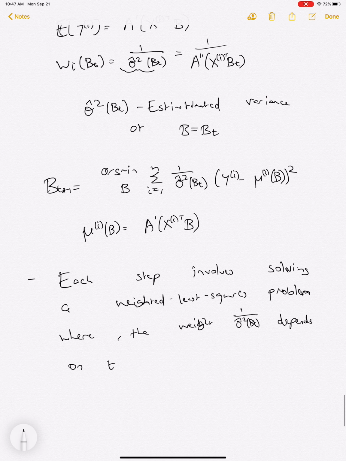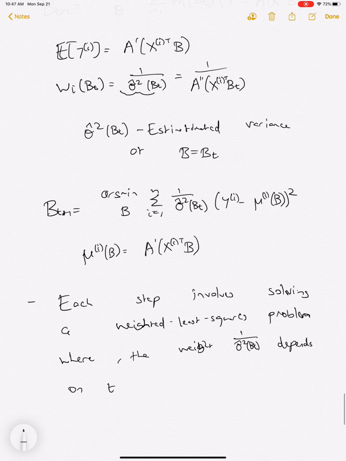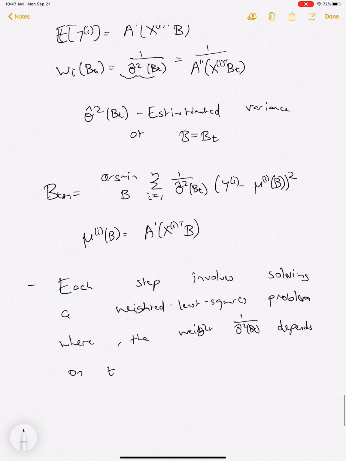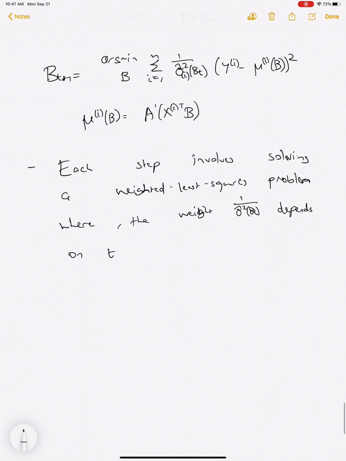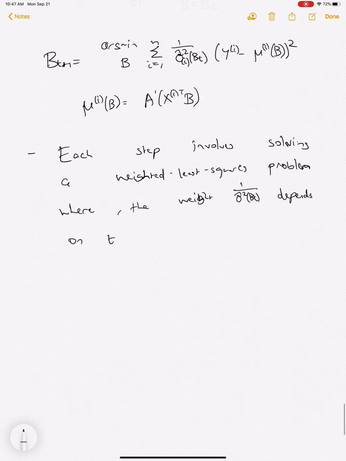I should write this as sigma hat i here. Okay, all right.